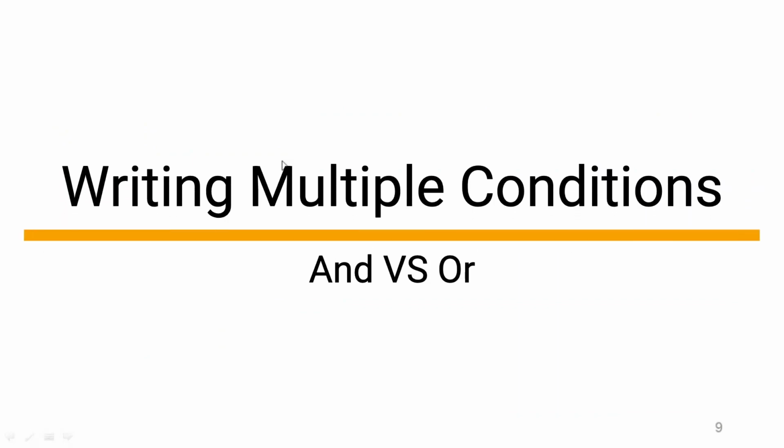Now let's talk about how we can write multiple conditions. And I hope you already know that we can combine multiple conditions using the clause AND and the second one is OR. Now let's say I have two conditions.